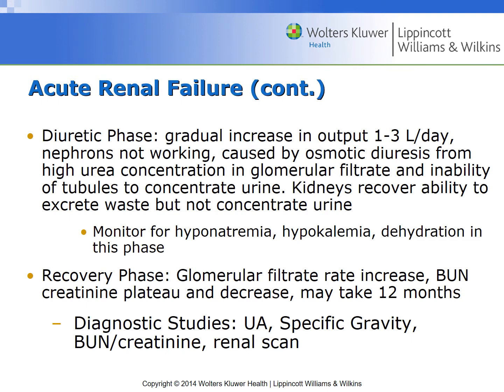So if we're urinating 1 to 3 liters per day, we've got to now watch for dehydration, hyponatremia, and hypokalemia, because when a lot of urine comes out like that, we're going to lose electrolytes. So we've got to be watching for that as well.